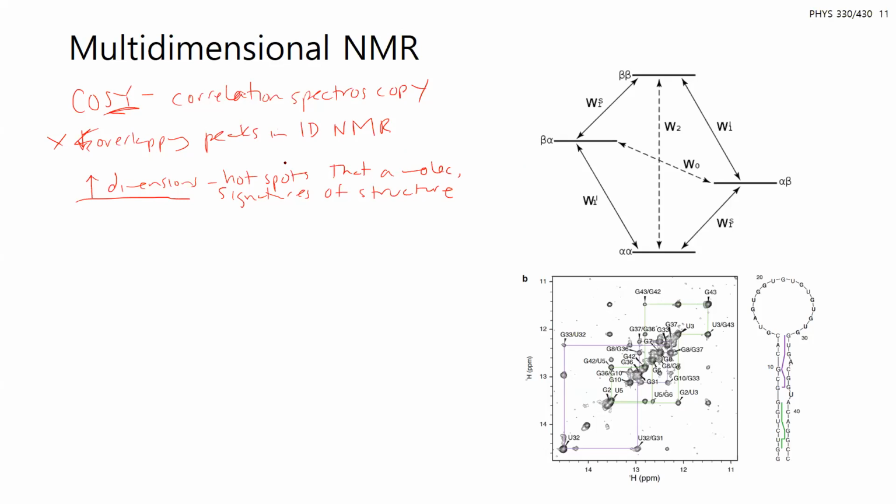And this has to do with the transfer of spin between different nuclei. So that's what this quantum mechanical description here is, where the focus of the 2D NMR is that spin being transferred from one nucleus to another. So I have an example here of homonuclear multiple dimension NMR, where you can see we have proton NMR on both the X and the Y axis here.